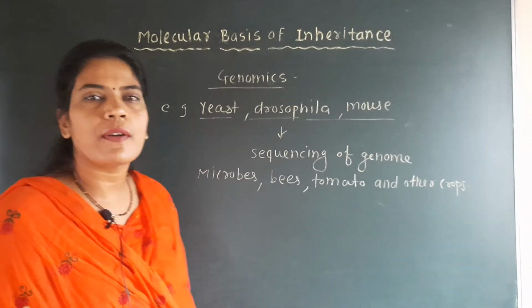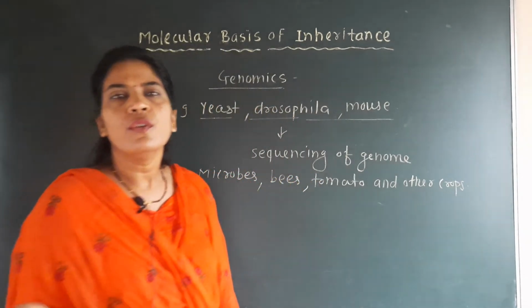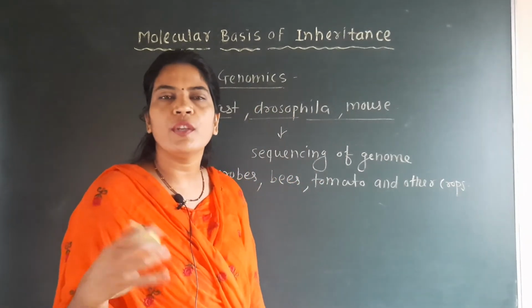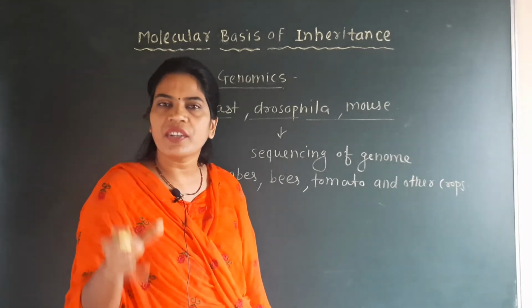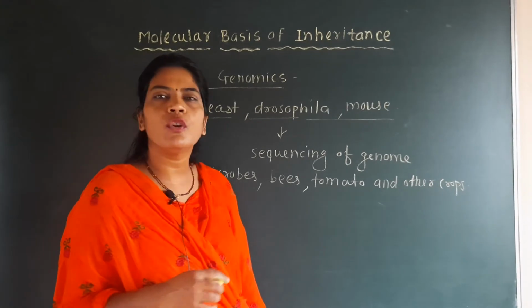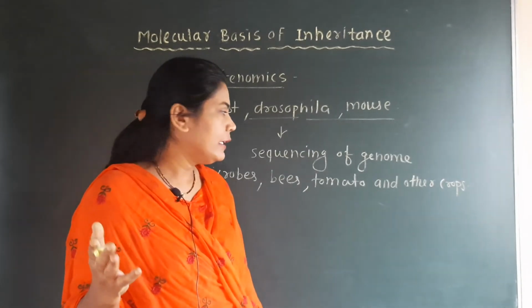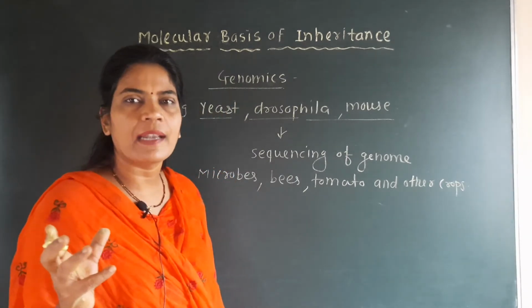There are different microorganisms like E. coli bacteria, other bacteria, fungi, protozoans. So for the study of the genome they use different types of microbes. They studied in detail the genome of different microbes, the genome of bees, which means honeybee, and the genome of the tomato, which is a plant, and other crops.